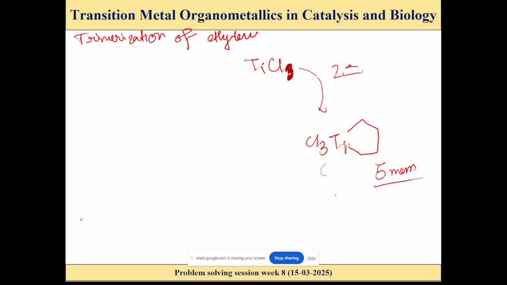Now another ethylene molecule will coordinate to expand the ring size from 5-membered to 7-membered.